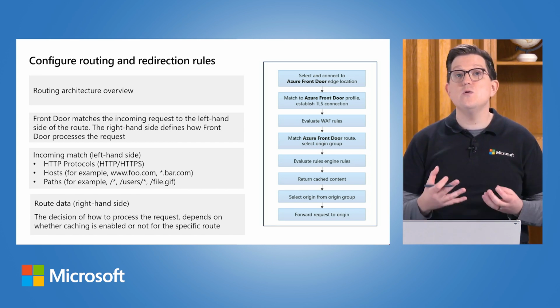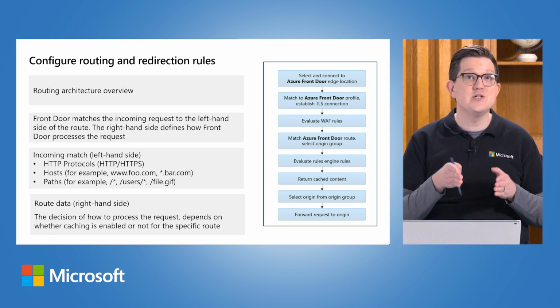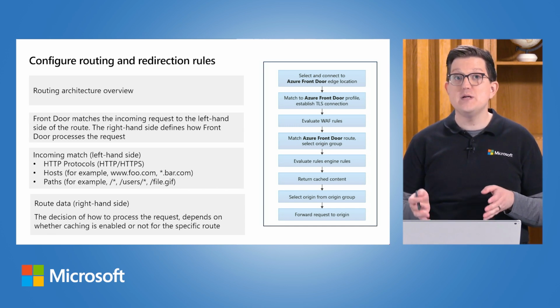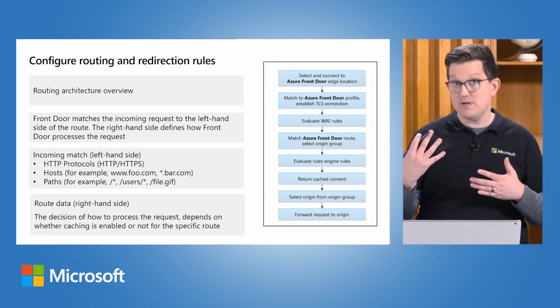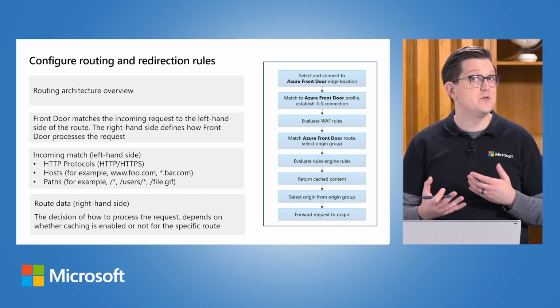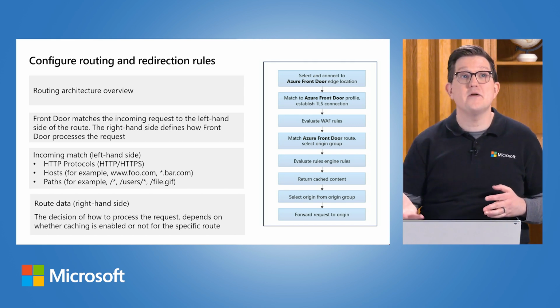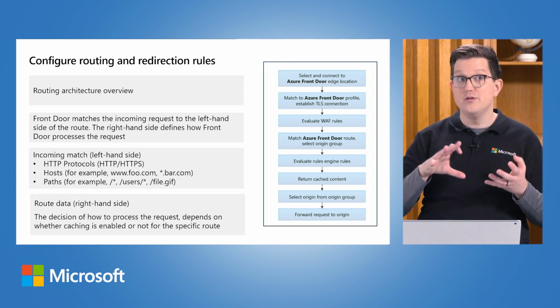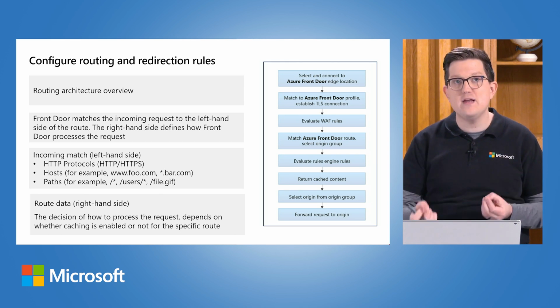So there is a huge amount of data processing and data analysis that happens at that edge location. We are doing both left side matching, trying to get an idea of the protocol that's being used or the site or the path that someone's reaching, as well as right hand matching where we're doing this database request. So the two of them together make up how we route traffic within Front Door.